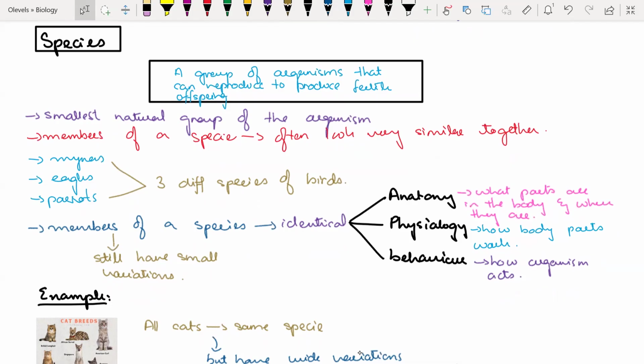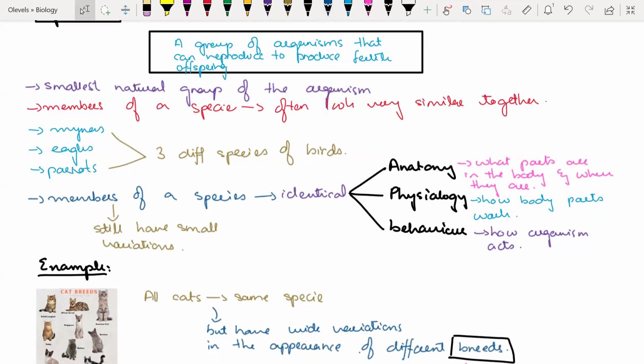Members of a species often look very similar together. For example, cats look similar, dogs look similar, but they do have some differences. Mynas, eagles and parrots are three different species of bird, but all come under the category of birds.